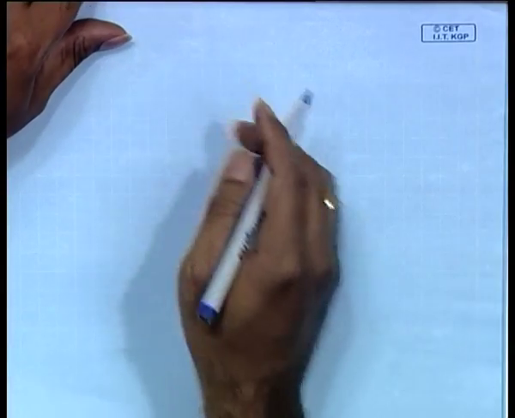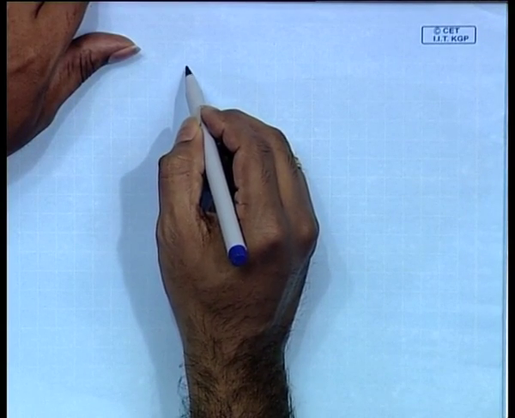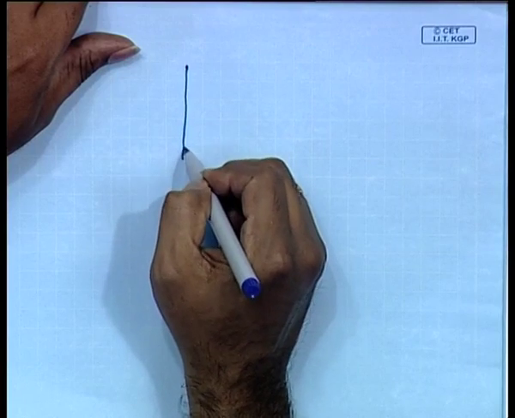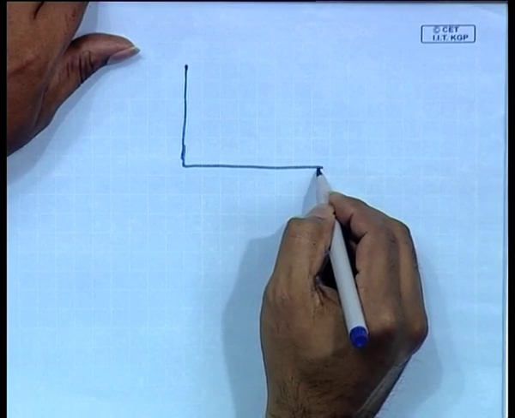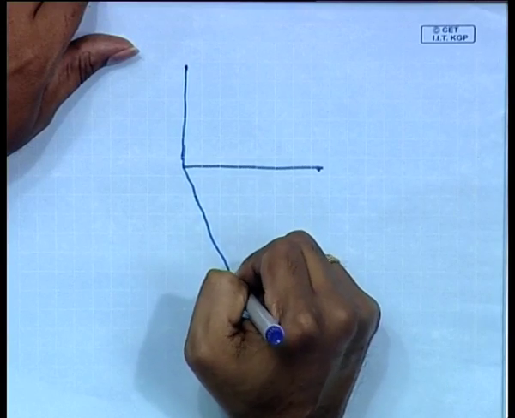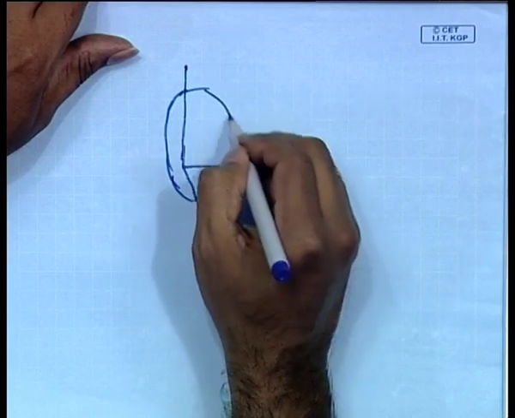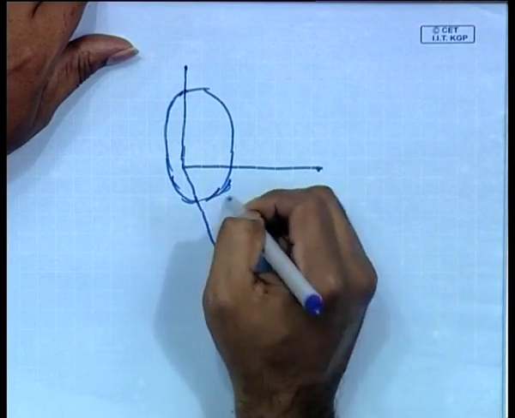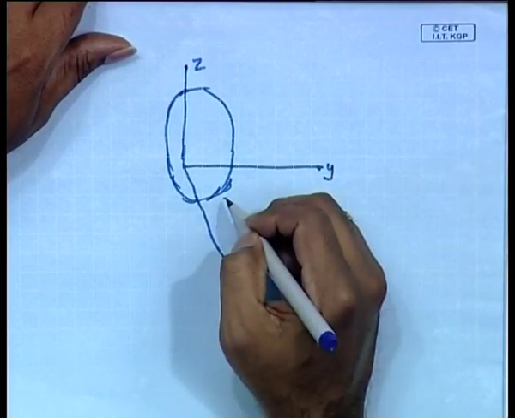Now we have a problem here. Let us suppose that we have a coordinate system like this, and we have a body. This is z, this is y, and this is x.